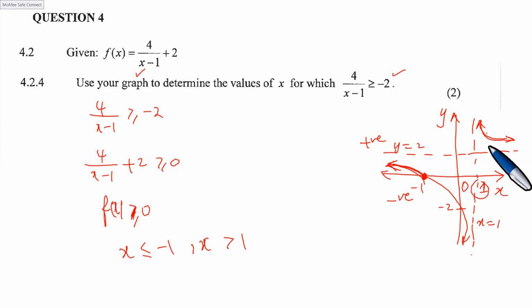Because when x is bigger than 1, the function is above. But when x is less or equal to -1, it's also above. So you have that x is less or equal to -1, or x is bigger than 1. So it's here and also there. This is exactly what we get.